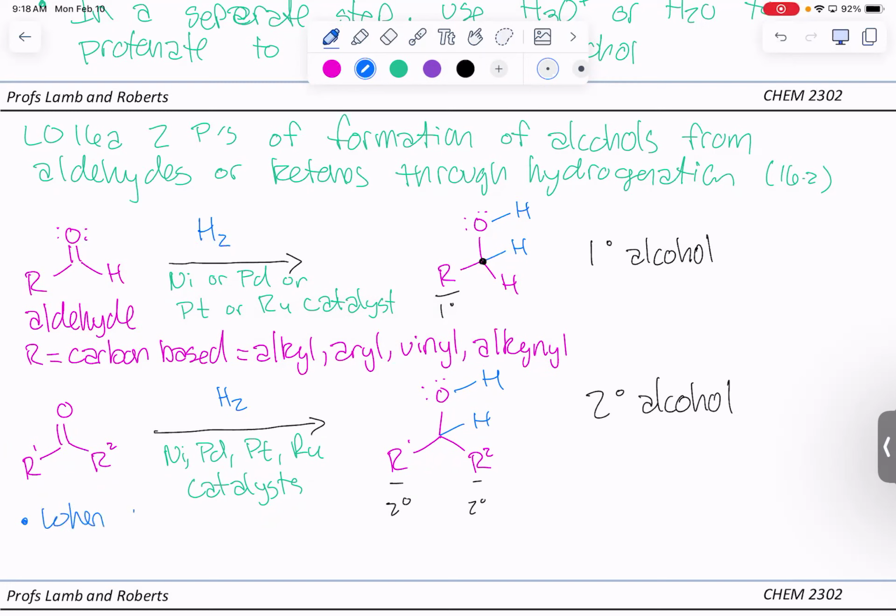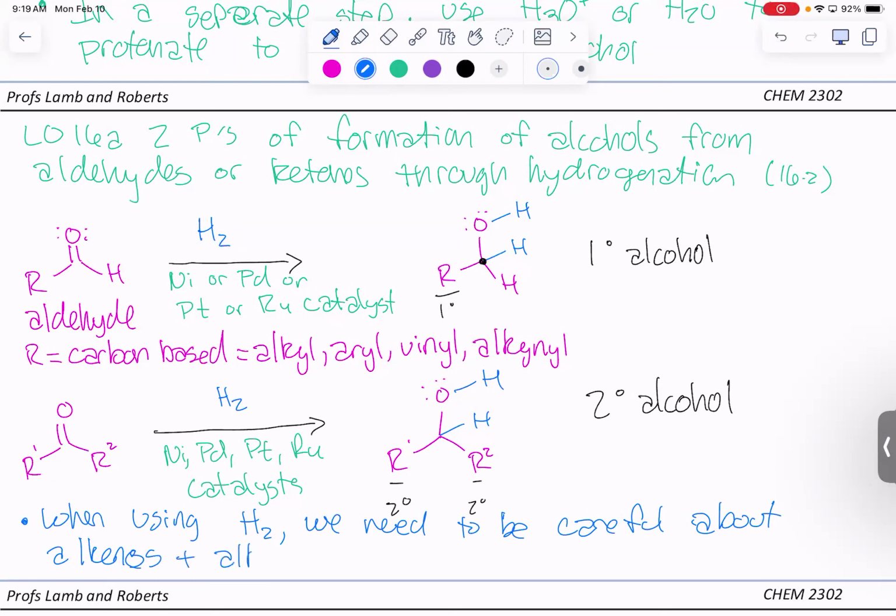So when using H2 in order to make an alcohol, we need to be careful about alkenes and alkynes, because those multiple bonds can get hydrogenated.